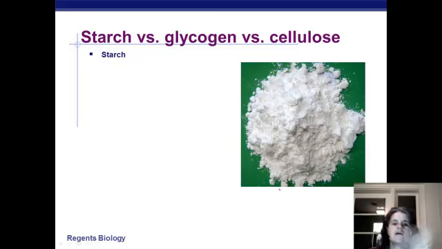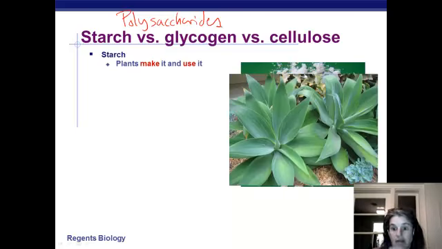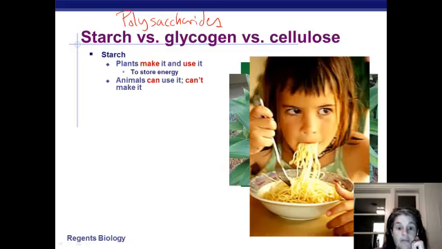So let's go back. Let's compare these three polysaccharides. Remember, these are all polysaccharides. All right? Starch, glycogen, and cellulose. Starch looks like that powdery stuff. Plants make it, and plants use it to store energy. Animals can use it. That little girl is eating some nice starch, but she can't make it.